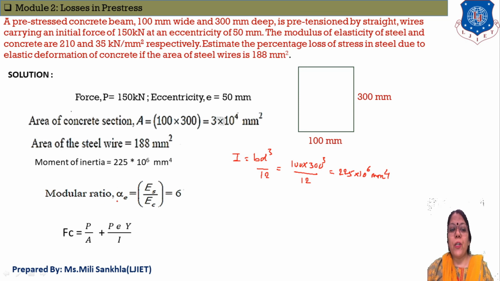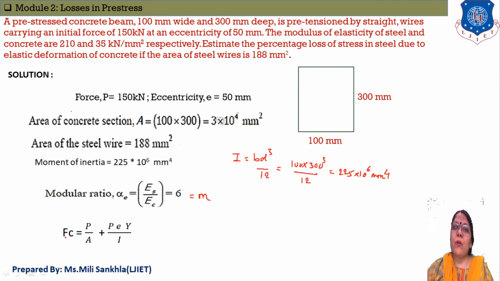And modular ratio is alpha. Here the notation is given alpha, and we can write m also, modular ratio m or alpha. Some reference books follow alpha E and some follow m, both are the same, and this is the ratio of Young's modulus of steel divided by Young's modulus of concrete, and that is 6.